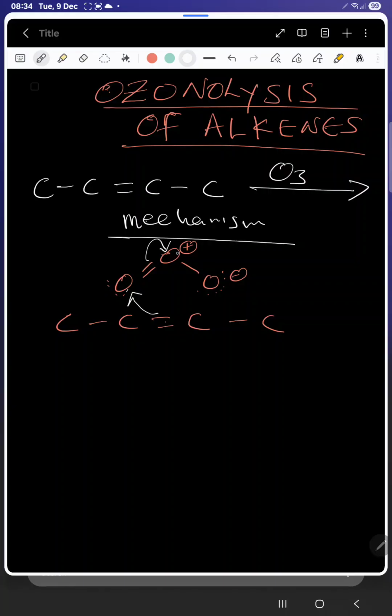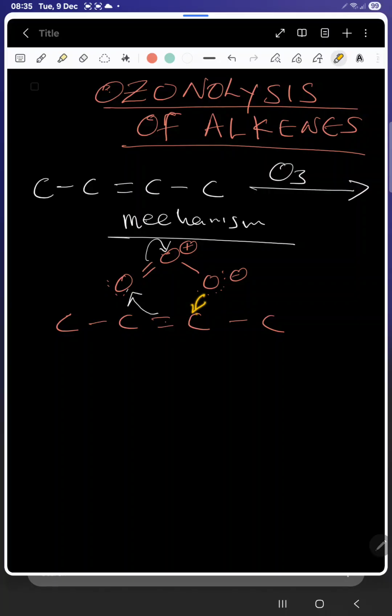Once this has been stabilized, there will surely be another rearrangement, because remember, this oxygen has an excess of electrons. So one of the lone pairs here can act as a nucleophile, attacking back the carbon which is here.